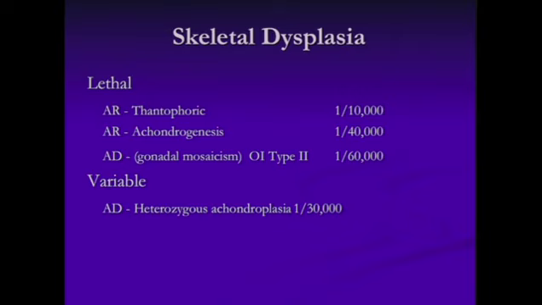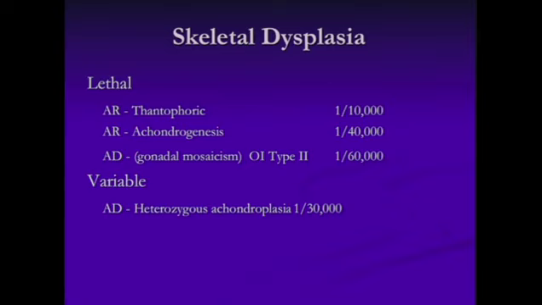So I've shown you probably too many skeletal dysplasias, but what I'd like to leave you with is an idea that there are lethal anomalies, and then there are anomalies that can have variable outcomes. So among the lethal anomalies, Thanatophoric dysplasia is going to be the one we see most commonly in utero, with an incidence of about 1 in 10,000. Achondrogenesis is also autosomal recessive, maybe 1 in 40,000.